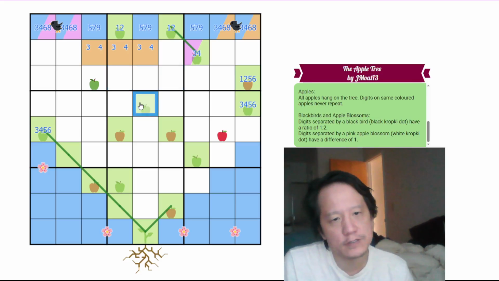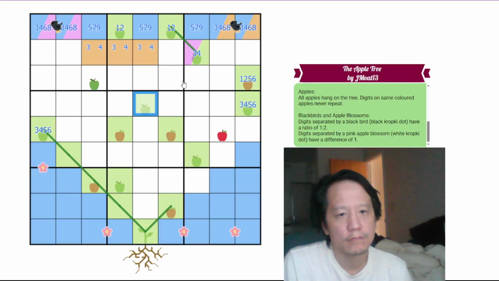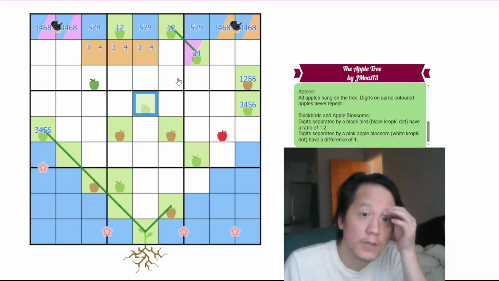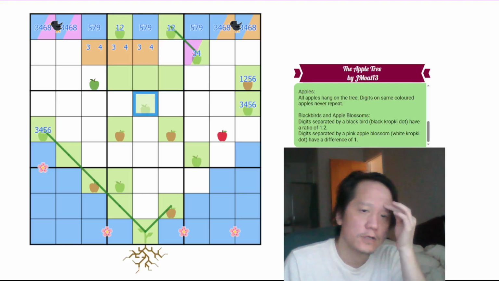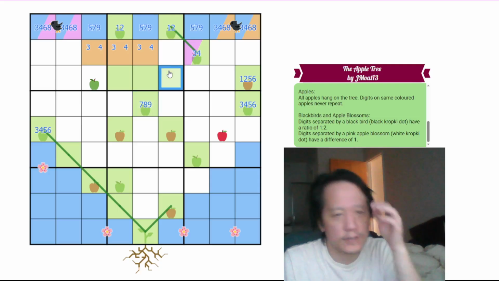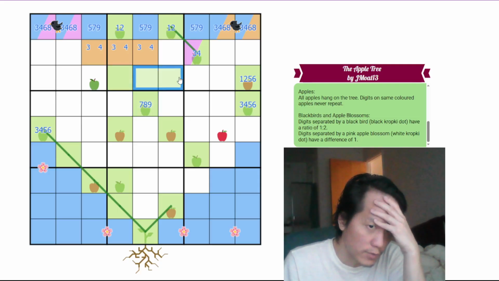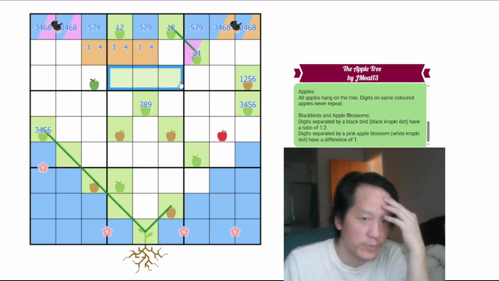Because if this was 7, 8, or 9, all 3 of these would be branches. Only one of them could be 1 or 2. So this is 7, 8, and 9. This has to be 1, 2, with only one of these could be 1 or 2. So only one of them is stopping.